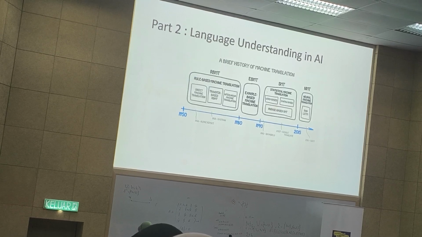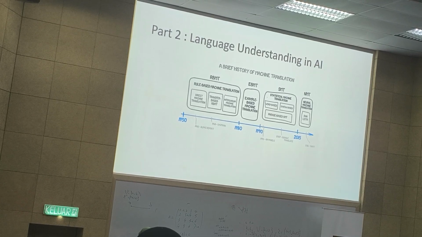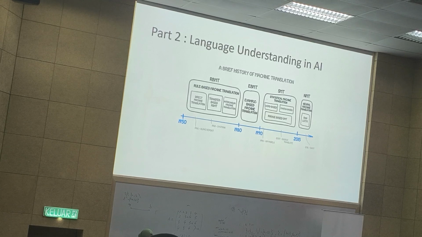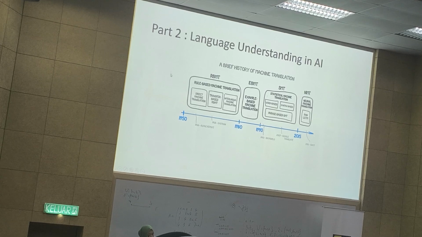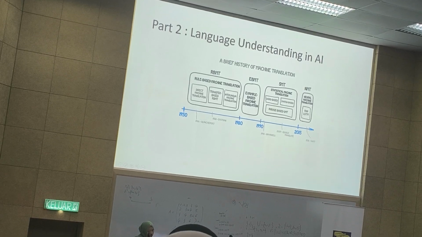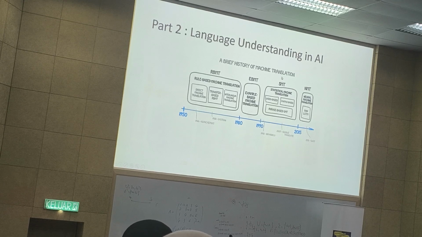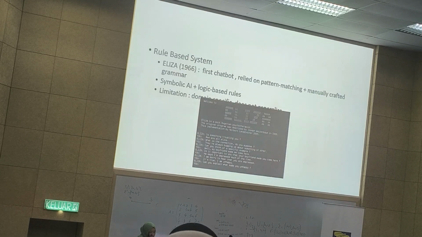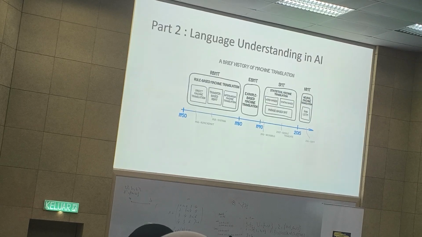Okay. Then in the next part of the lecture, we look at how language understanding helps AI development. There's a brief history of how machine translation started. In the 1950s, rule-based systems were used before more advanced machine translation was applied. We look at the statistical machine learning approach before the more advanced neural machine approach is covered.